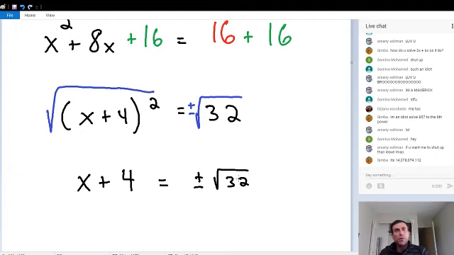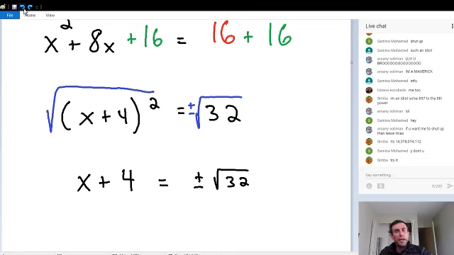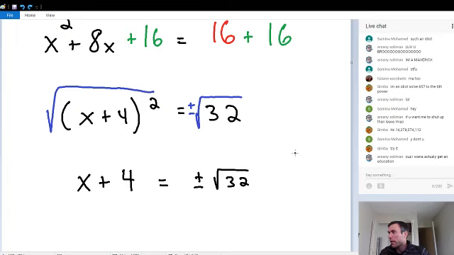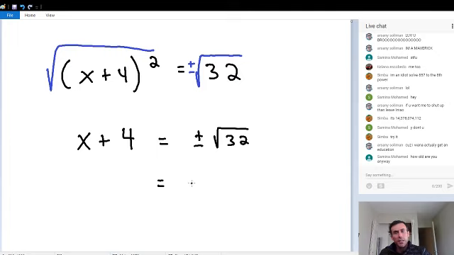And now the reason why I chose this problem is because the square root of 32 can be simplified even further. Okay, we can simplify this radical. All right, so every time that you can simplify a radical, you always want to try and simplify it as much as possible. The reason why this can be simplified is because the square root of 32 can be rewritten as the square root of 16 times the square root of 2.